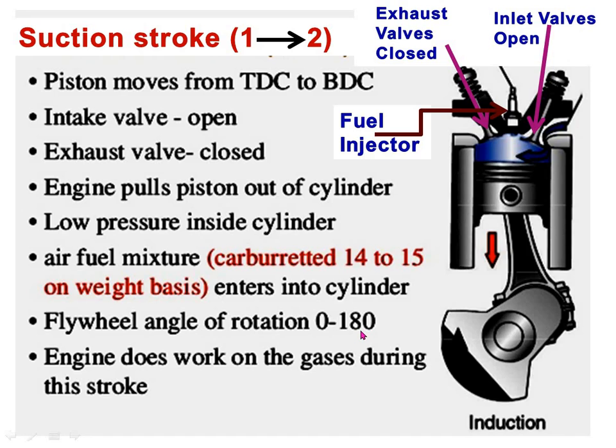So in the suction stroke, flywheel rotation will be 0 to 180 degrees. The engine does not work on the gases during this stroke, so there will be no pressure on the gases by the engine.